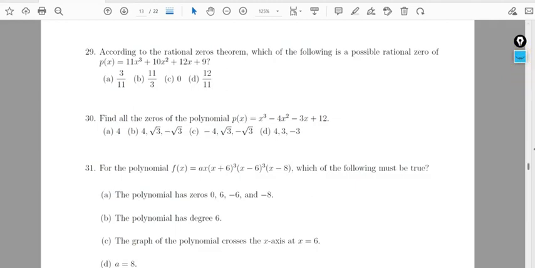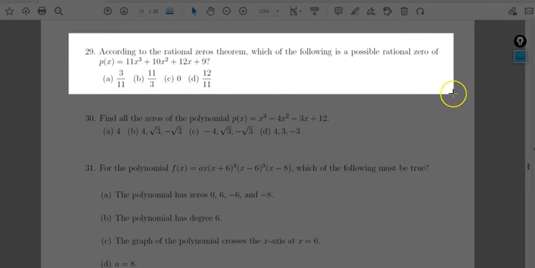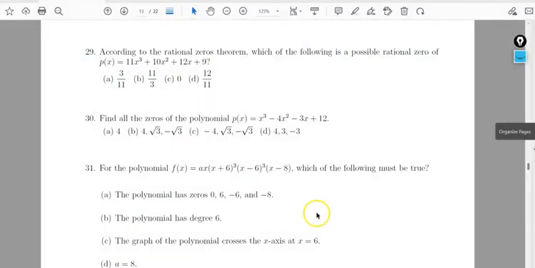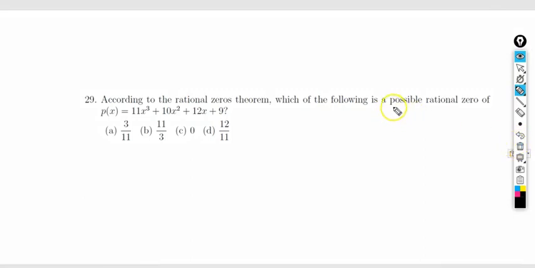All right. Now, students will miss number 29 because they get the essential numbers they need to look for backwards. So, I'm going to make a list of all possible rational zeros.